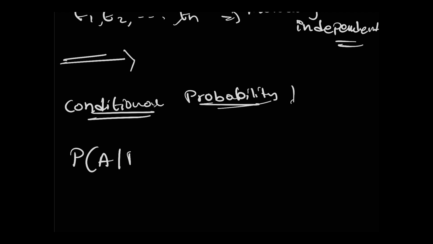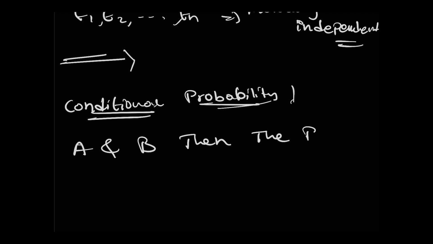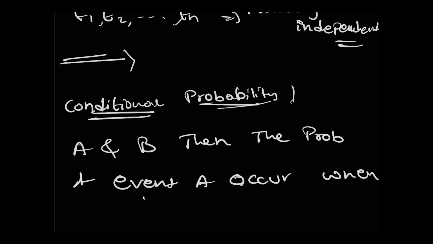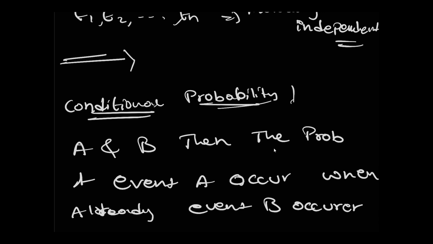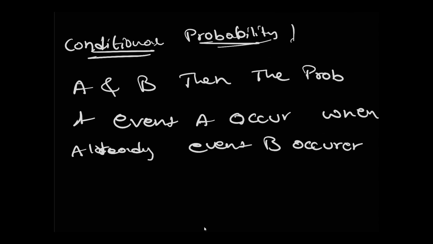Let us say there are two events A and B, then they are asking the probability of event A occurring when event B has already occurred.